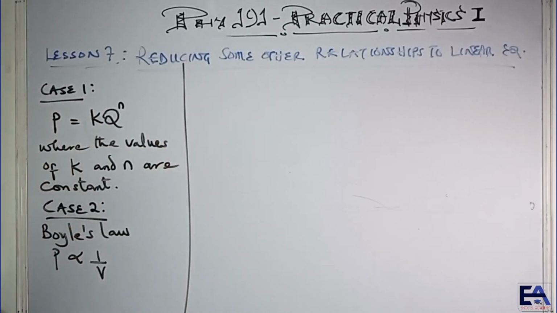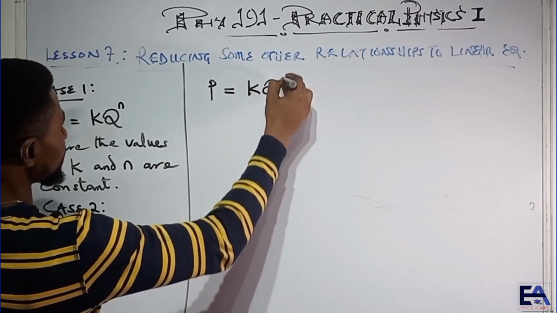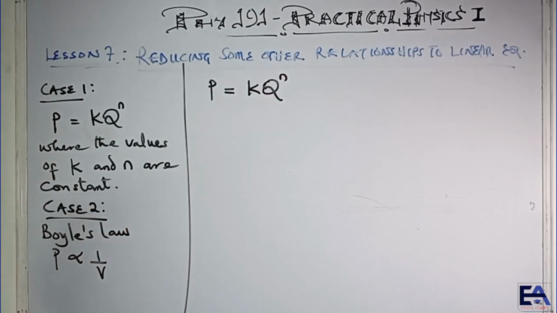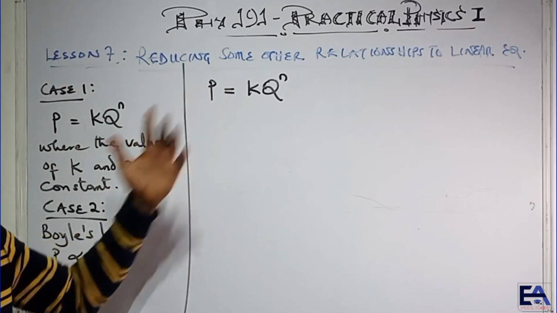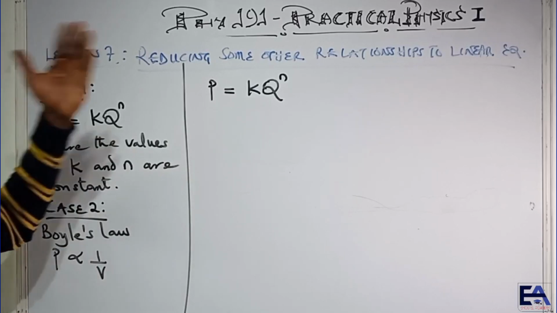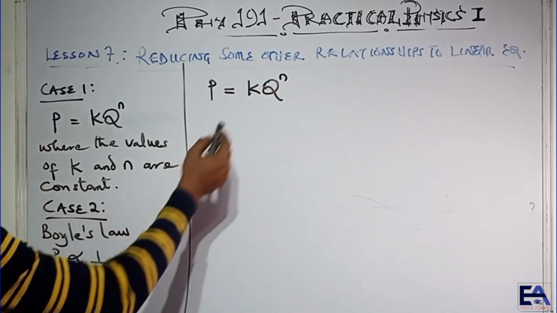In case one, we have a situation where P is equal to KQ. No physical term is described in this case. We're not talking about mass or period or anything. We're just asking what we are going to do if we find ourselves in this situation where a physical term P is equal to KQ raised to power n, where n is constant and K is constant.